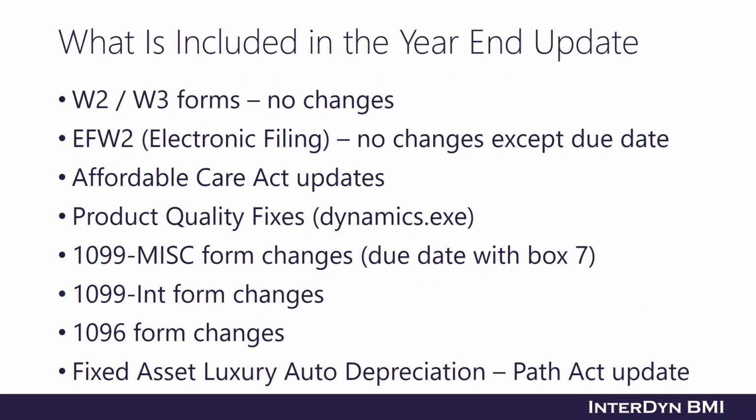So 1099 interest does have form changes, and because when there's one change on the 1099, that changes the 1096, which is a transmittal form that we use to send these things in, that caused the 1096 to change. And then the fixed asset depreciation on the luxury automobiles changes every year, so that's of course included in the year-end update.